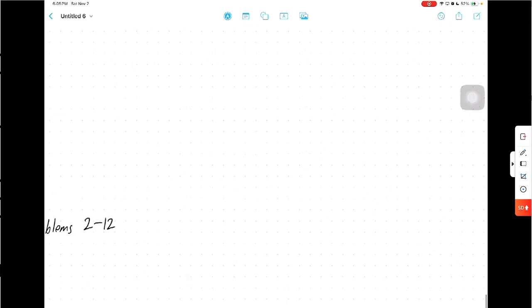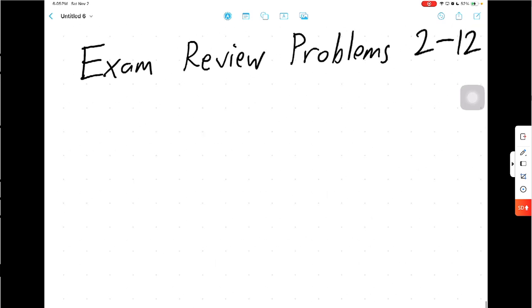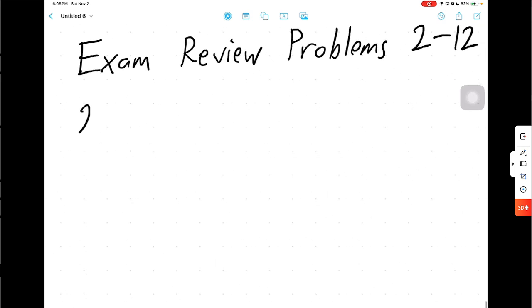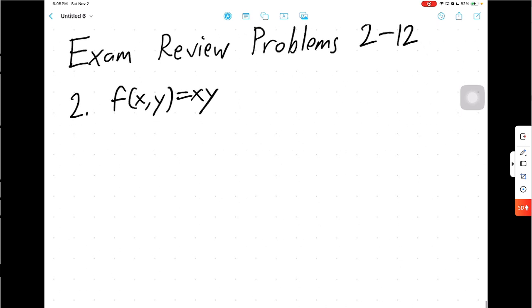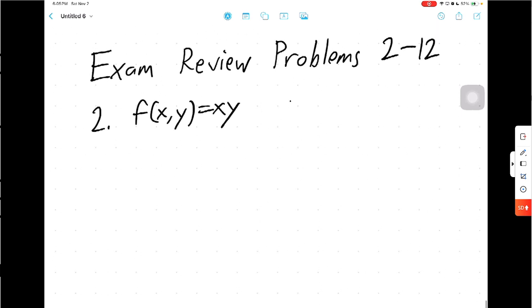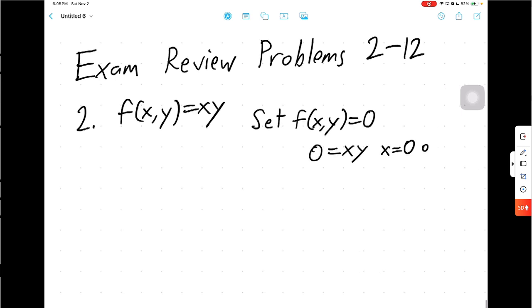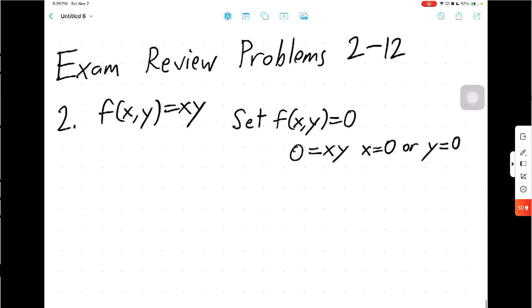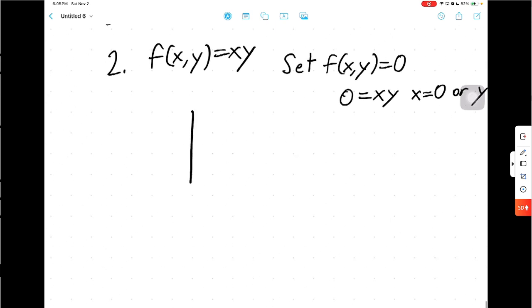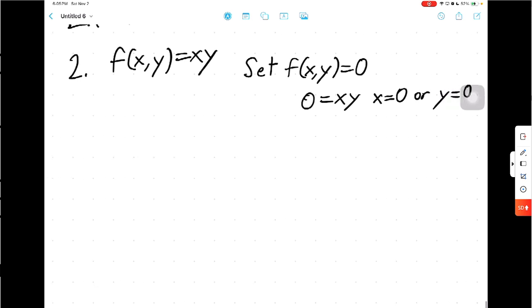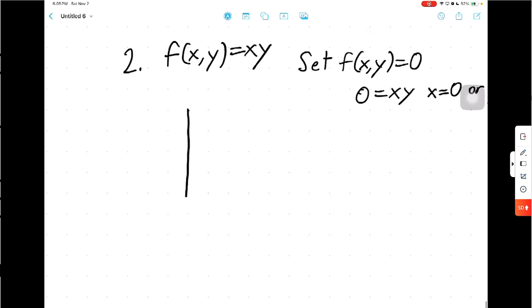Okay, let's go ahead and just do the exam review problems, 2 to 12. So, number 2 asks us to plot the contour maps of f of xy equals xy. Okay, so let's just set some values. Set f of xy equal to 0, so xy is 0, so x is equal to 0 or y is equal to 0. It says plot this time, so I actually have to plot these.